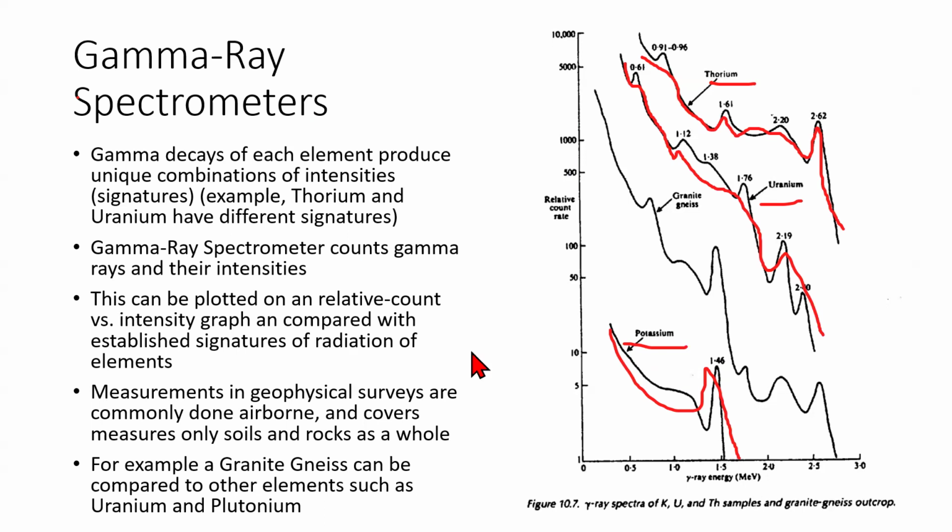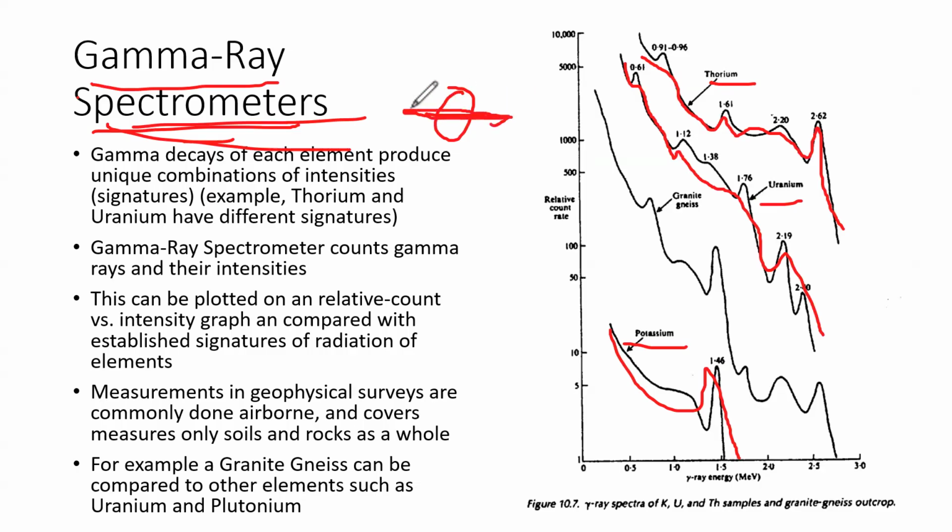So what we do in gamma ray spectrometry is usually done using an airborne instrument. It's attached to an airplane, and it senses the gamma rays being emitted by the soil or by the surface bedrock, if it's a bedrock.